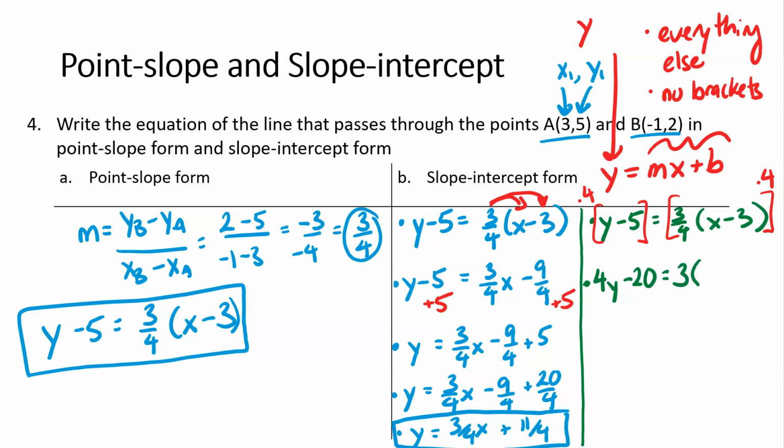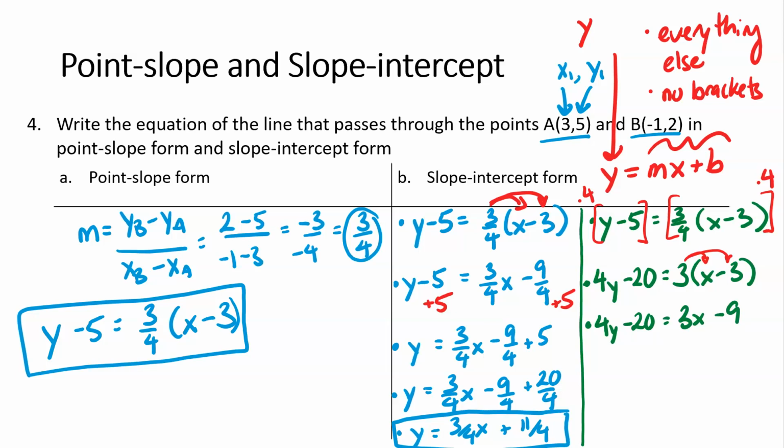So really, the right side of the equation becomes 3 times (x minus 3). Okay, and then in the next step, you want to get rid of those brackets. So distribute that 3 across the brackets, and you'll have 4y minus 20 equals 3x minus 9.